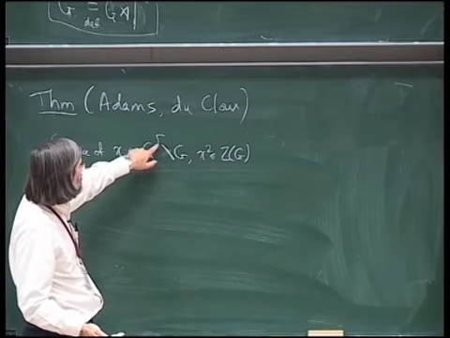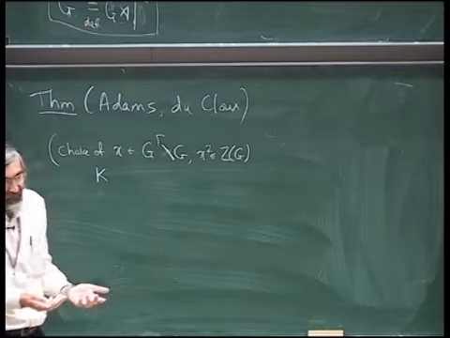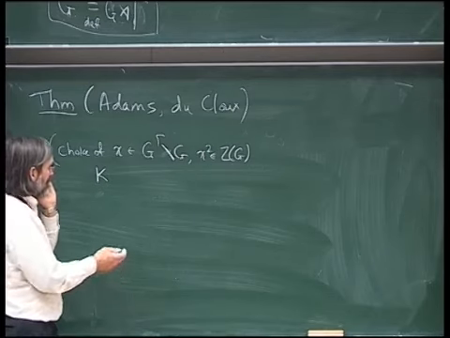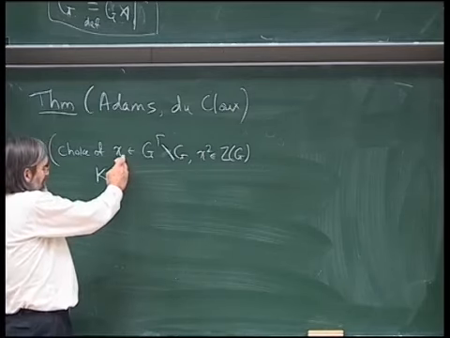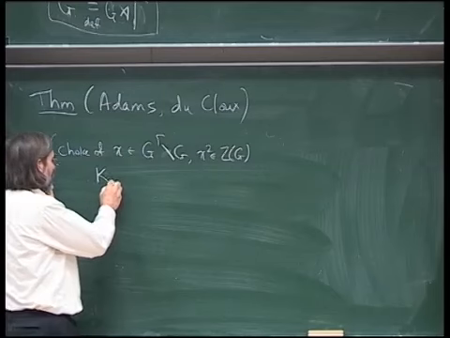If I wanted to consider inner automorphisms, I would have chosen delta 0 to act trivially. That's one of the cases. Yeah, it's certainly allowed, but it's convenient to have it separated like this.